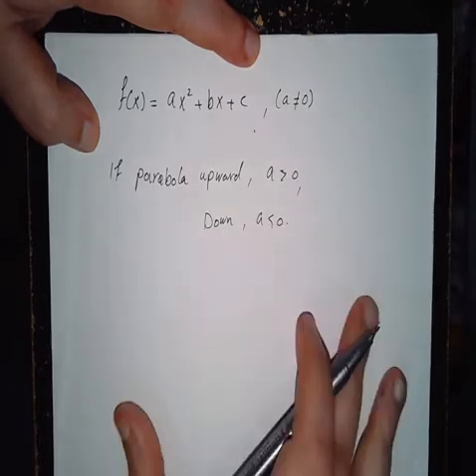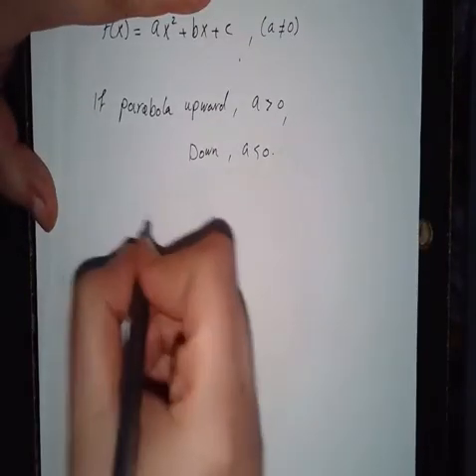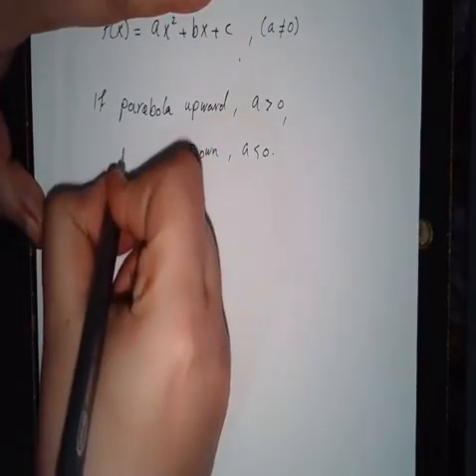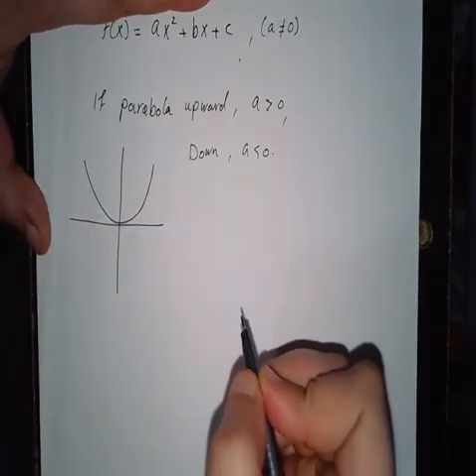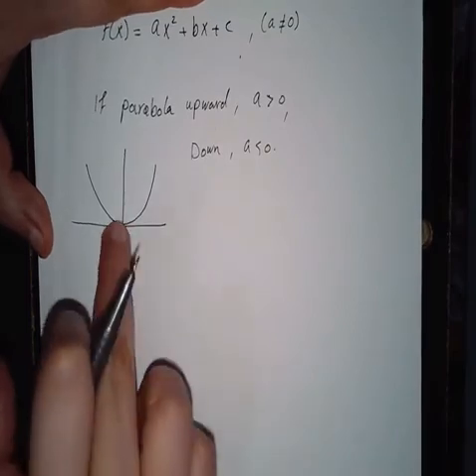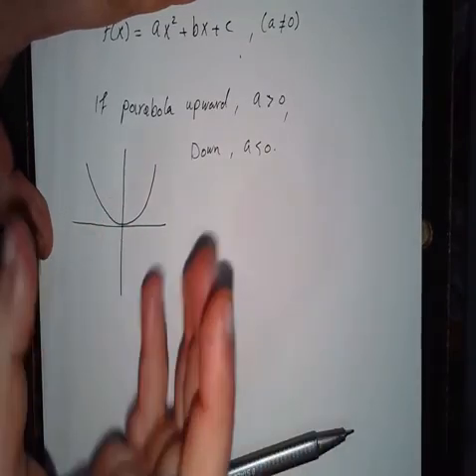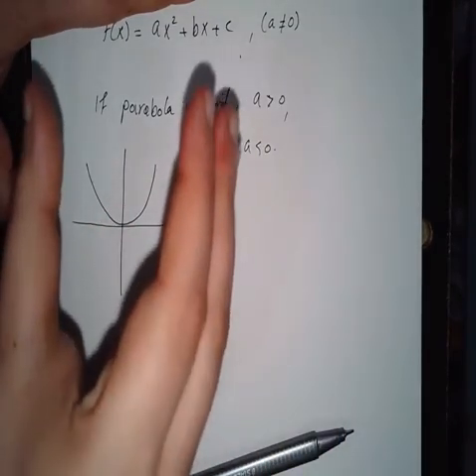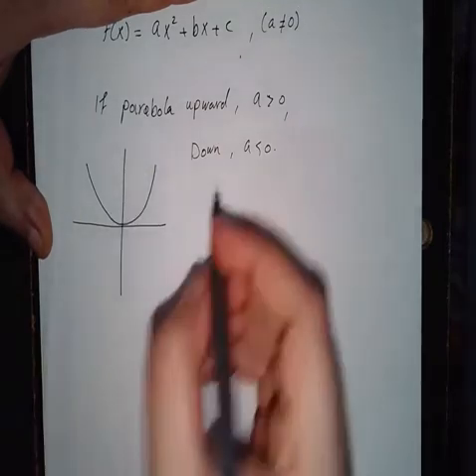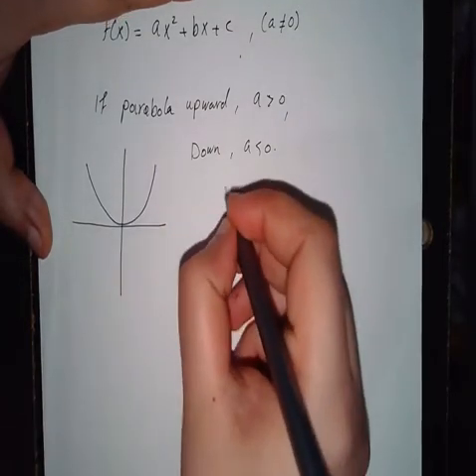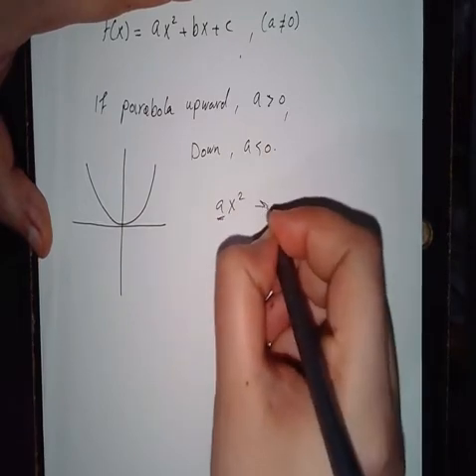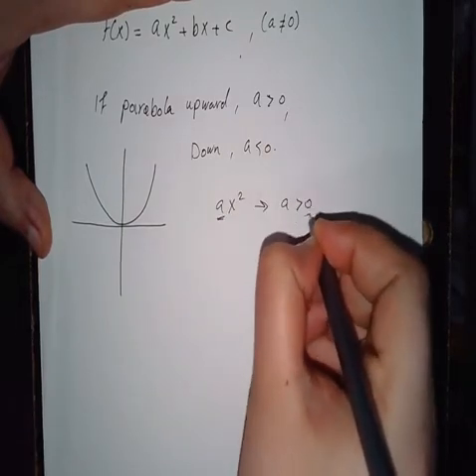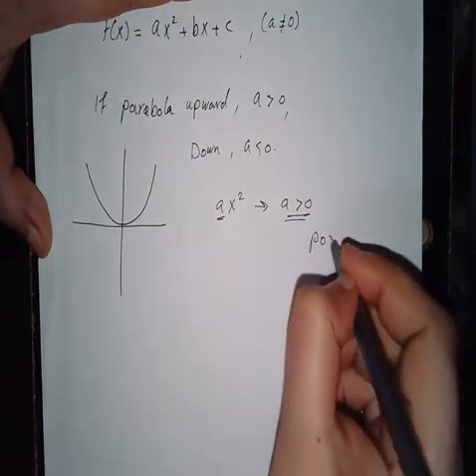Now what do I mean by this? Picture this right here. This is the graph of x squared, yes? A normal parabola. And as you can see, it's pointing upward. That means that the bowl itself is opening upward. So when this is the case, that tells you that the coefficient of x squared, which is a, so ax squared, this a is greater than 0, meaning it's positive.